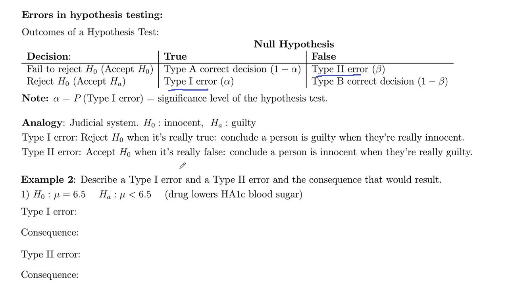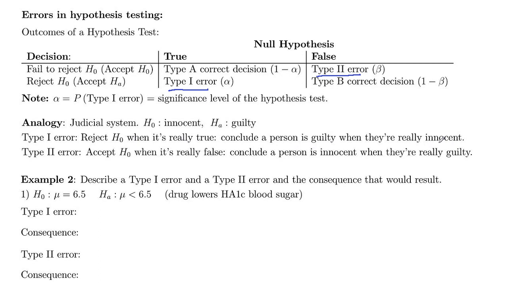Here's an analogy to help us understand these errors. In the judicial system, your null hypothesis is that you're innocent. You're innocent until proven guilty. So your alternative is that the person is guilty. A type 1 error is when you reject H0 when it's really true. So you conclude that a person's guilty when they're really innocent.